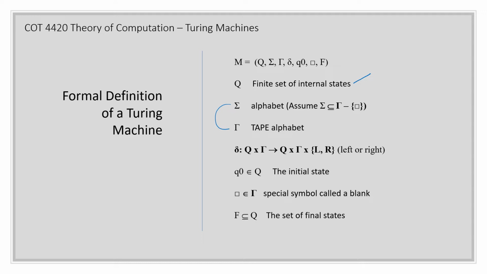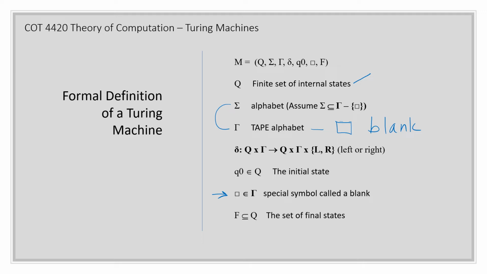The tape alphabet is everything that's on the tape, but it includes one extra symbol, which we draw as a square, and that is called a blank. This is the special symbol. You will notice here that the alphabet is a subset of the tape alphabet because the alphabet does not include the blank, but the tape alphabet does include the blank.